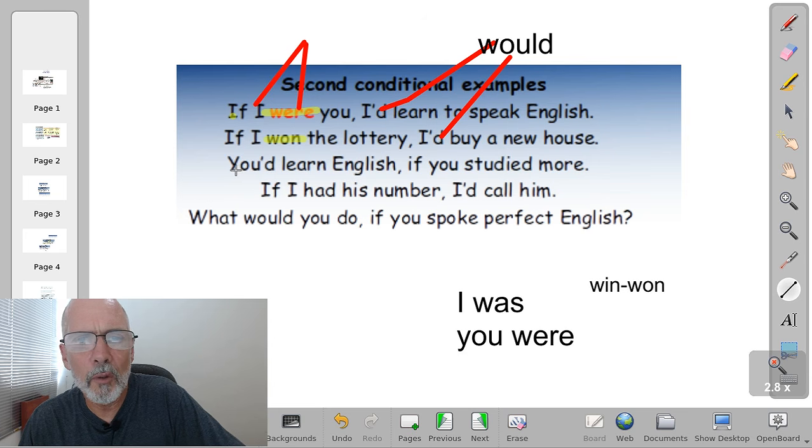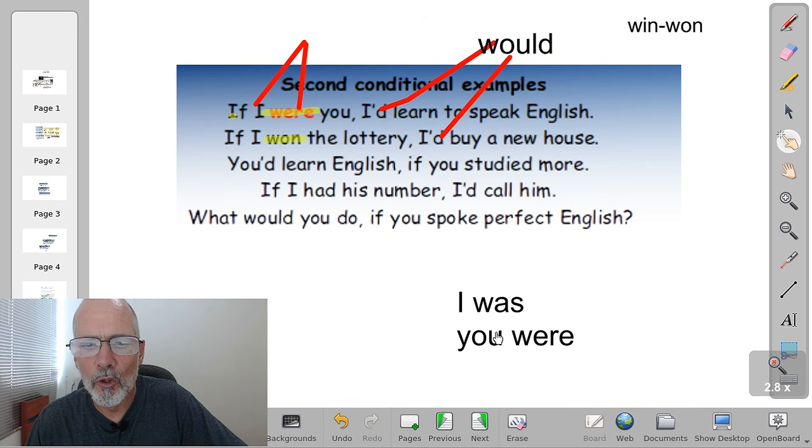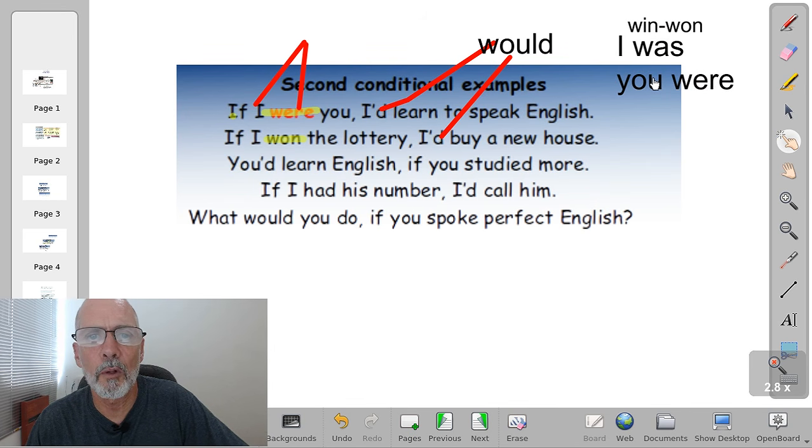Next example, if you studied more, you'd learn English. Well, maybe this one should be in the first conditional, and maybe I should say that you will learn more. I think that's probably better, it depends on you really.